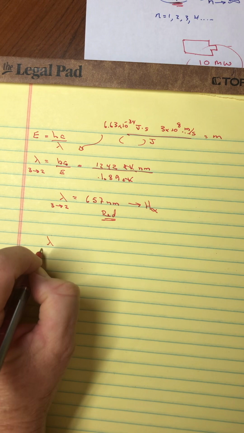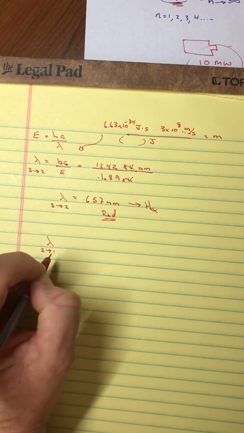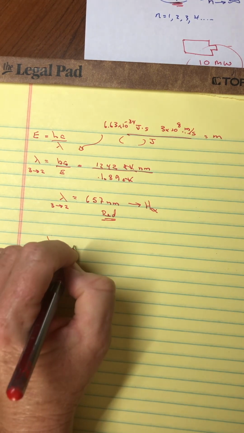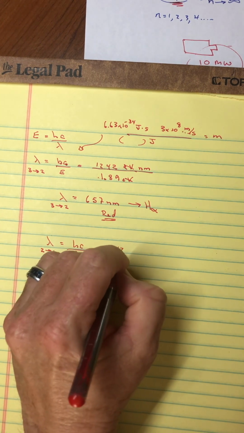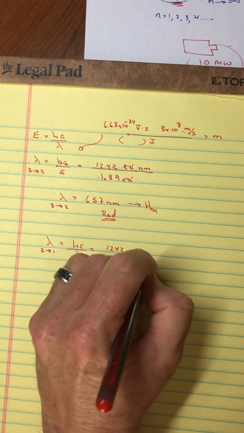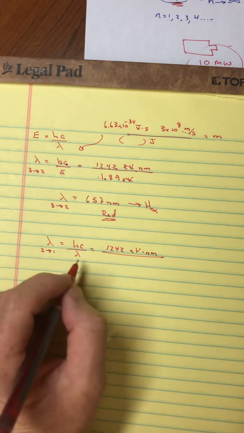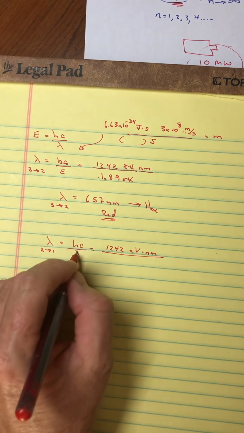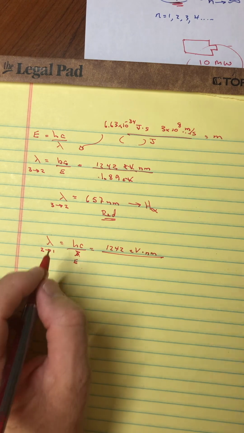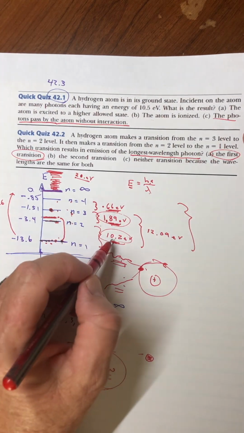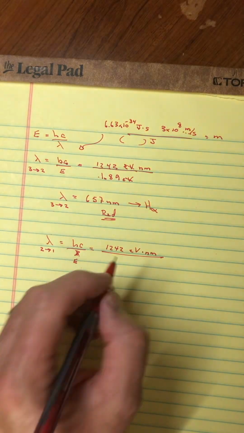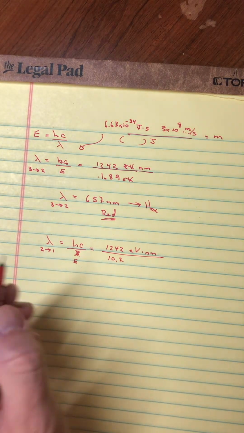If we do the same logic for the transition from 2 to 1, which is this hc over lambda, I will use the 1242 electron volts times nanometers, divided by the energy of this transition, which is 10.2.